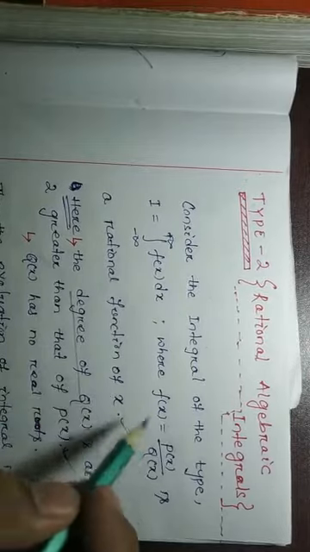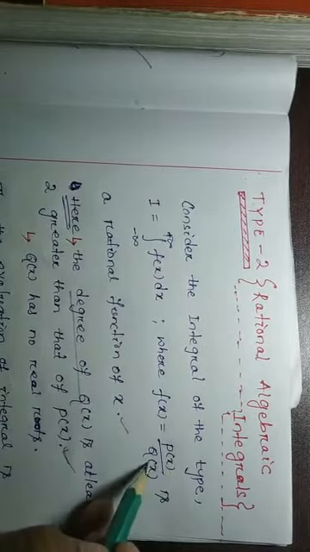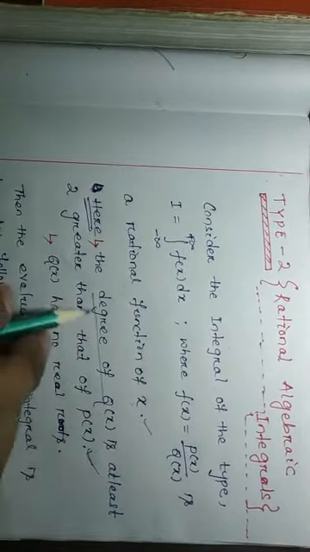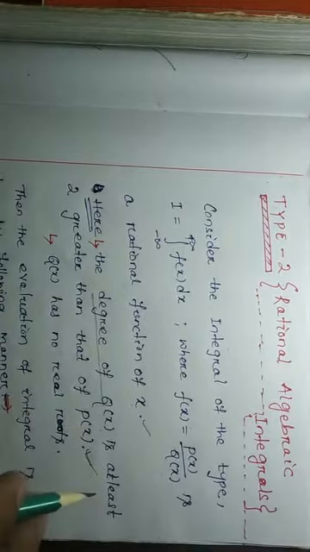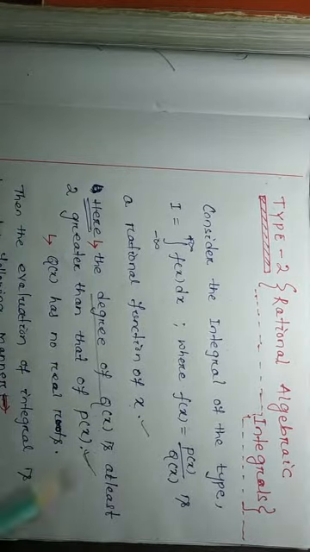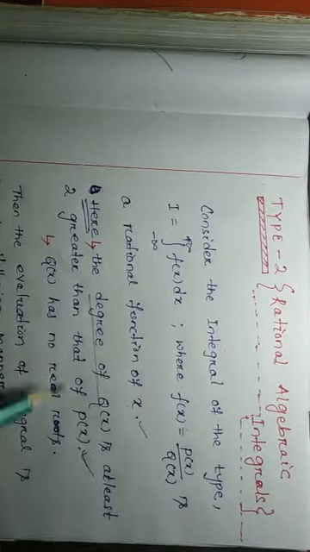It is a rational function because the degree of q(x) is at least 2 greater than that of p(x).